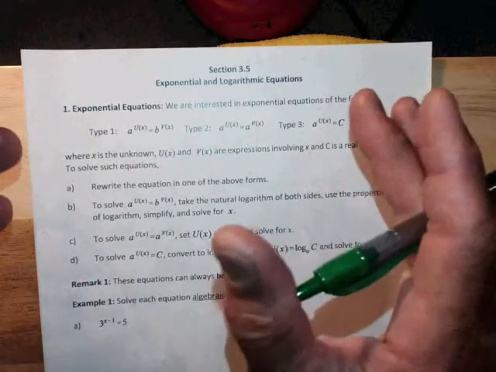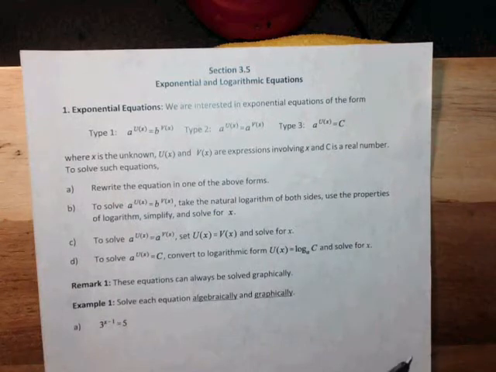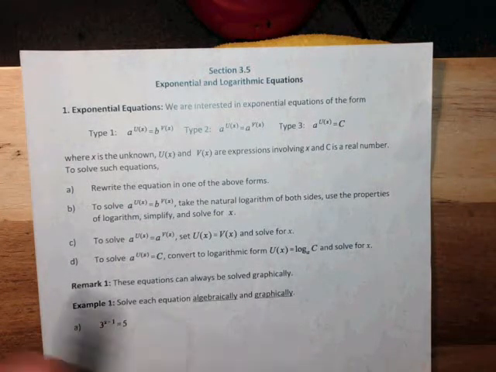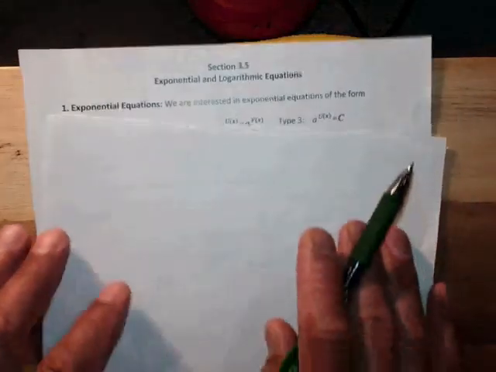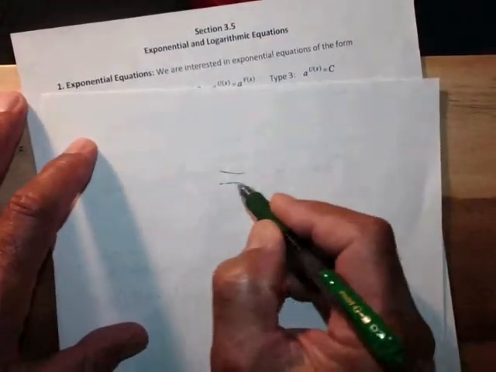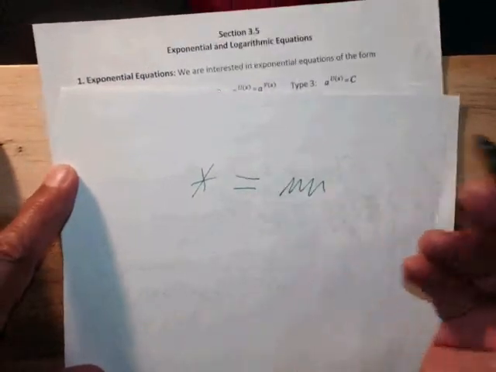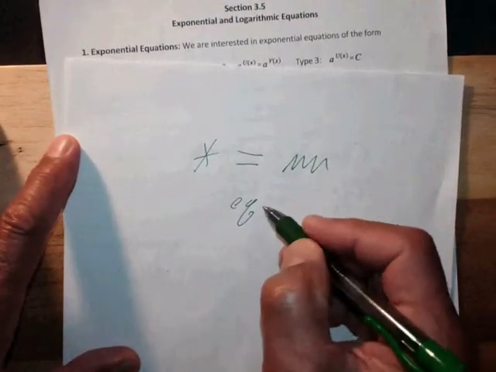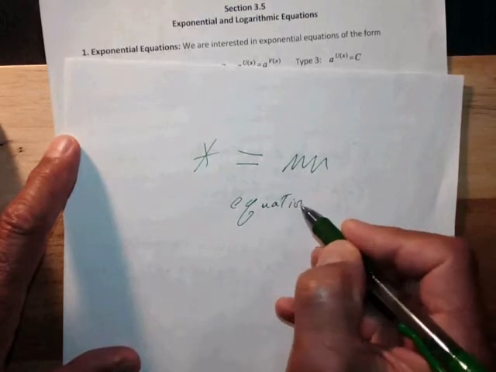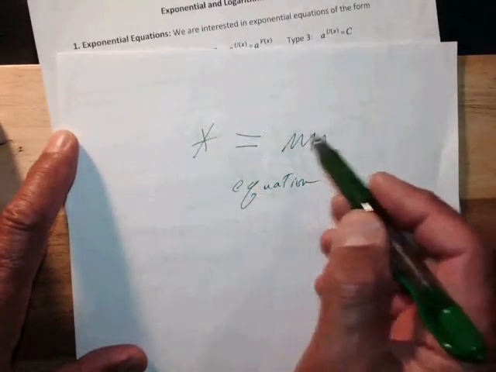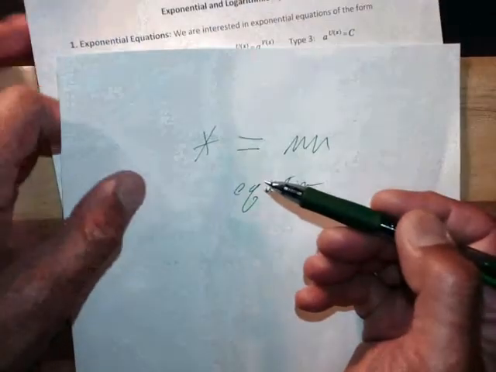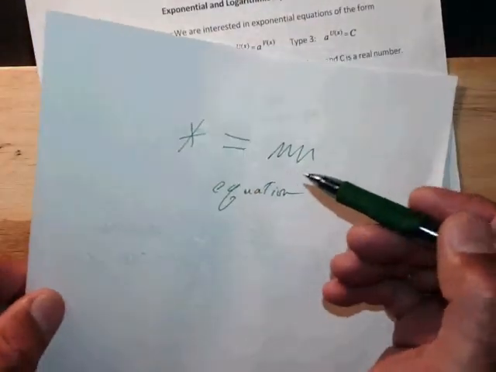In general, an equation is an equality, with something on the left and something on the right. If this equation involves logarithm and exponential, then we call it an exponential and logarithmic equation.